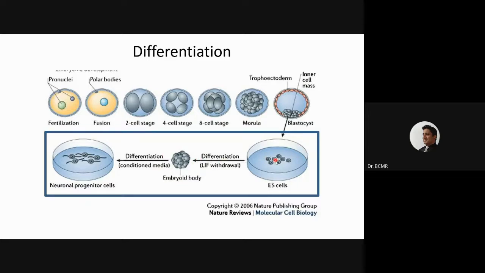One is from embryonic stem cells, they generate something called an embryoid body, which is kind of analogous to an embryo that is growing in the womb, or which is derived from the ICM. They make embryoid bodies, and from embryoid bodies, they try to derive different cell types. It's not necessary that they always follow the same scheme, but this is traditionally the scheme that people have followed quite successfully.